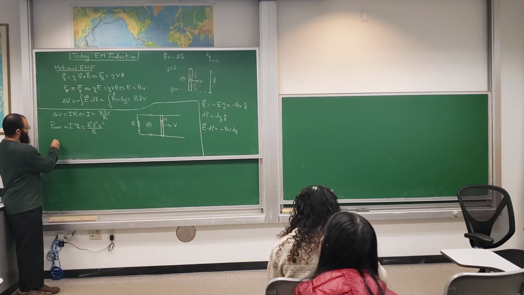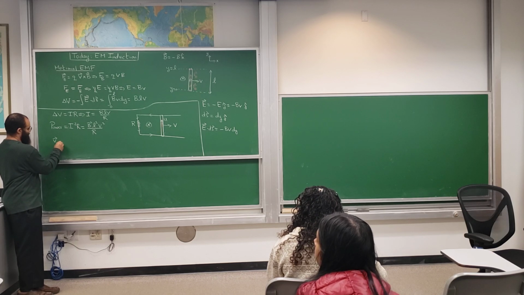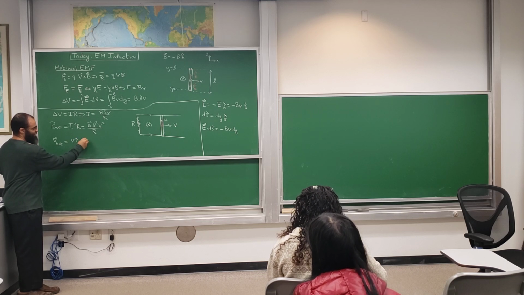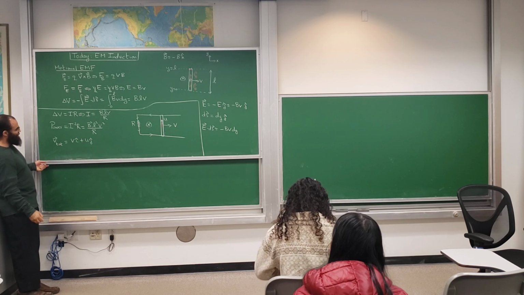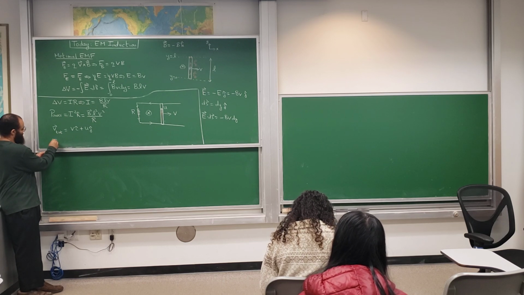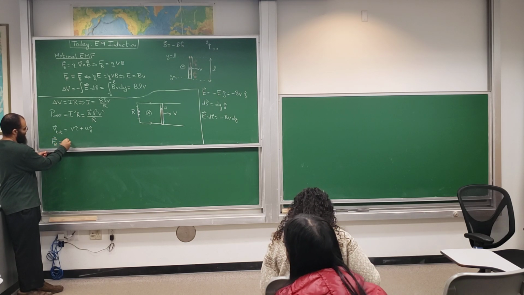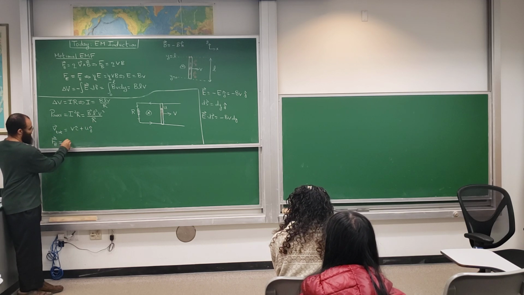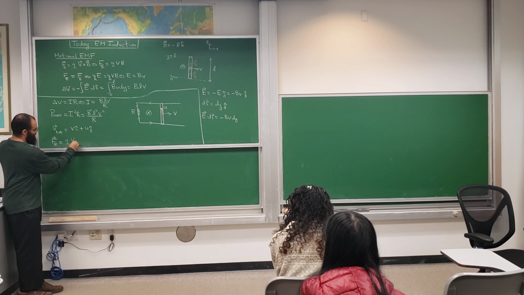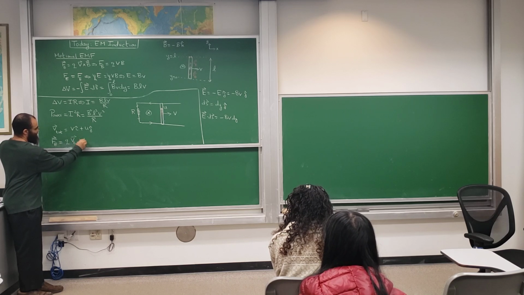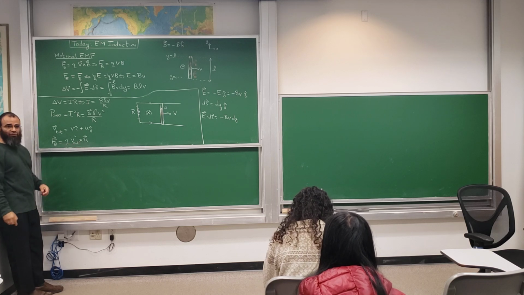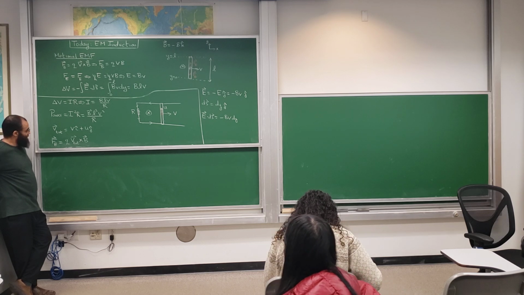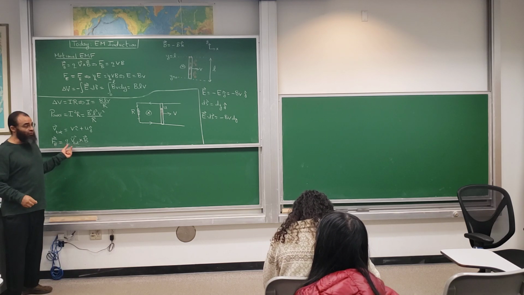So what's the total velocity? V i hat plus U j hat. So what's the magnetic force then? Let's say the charge is Q. So it's going to be Q V total crossed with the magnetic field, QV cross B. I'm imagining I have a little cube that's moving.